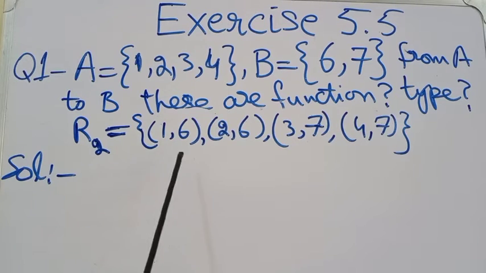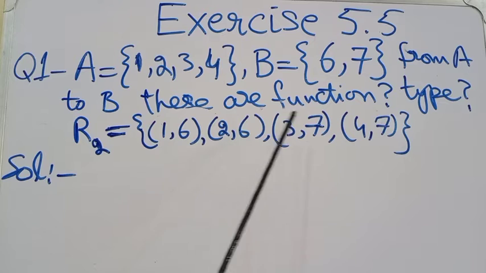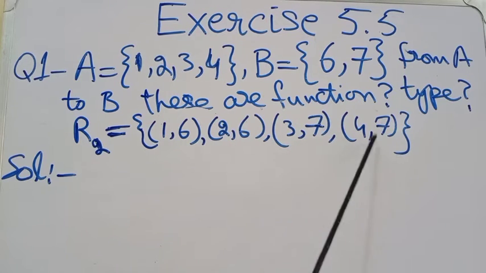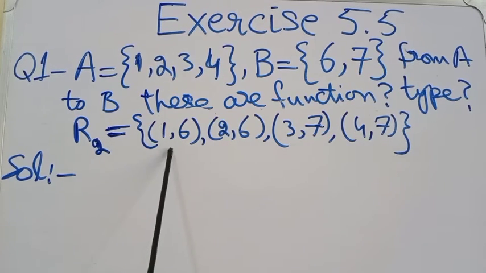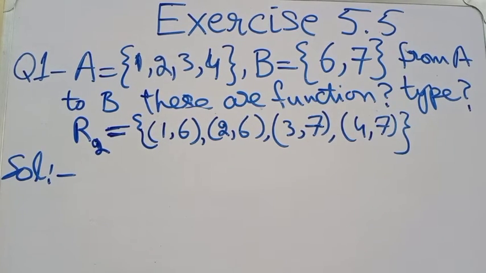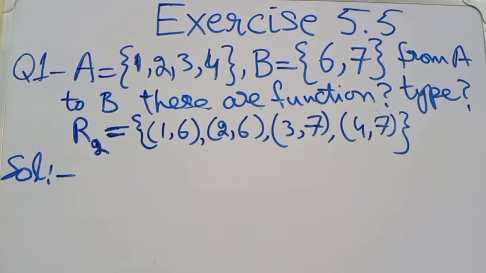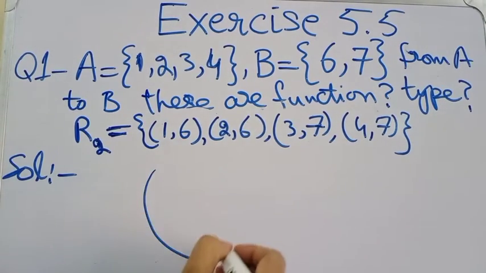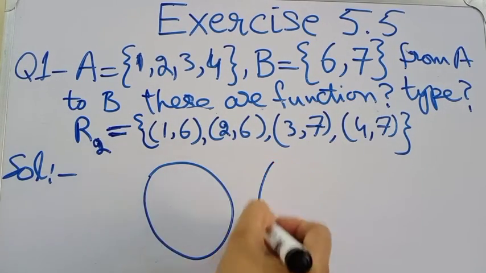In R2, we observe the first element (1, 6), second (2, 6), third (3, 7), fourth (4, 7). These are elements belonging to A and B. We show them on a Venn diagram, which is an easy way.